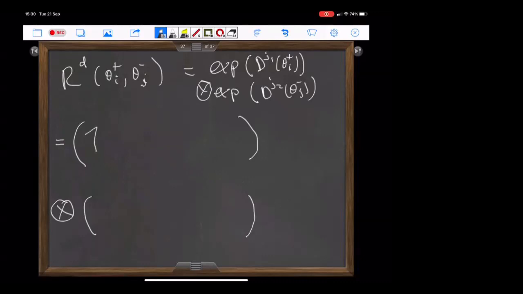What does 1 mean? The identity in a group. Yes. And what dimension is this 1 in this particular case? This is the identity matrix, but of some dimension.